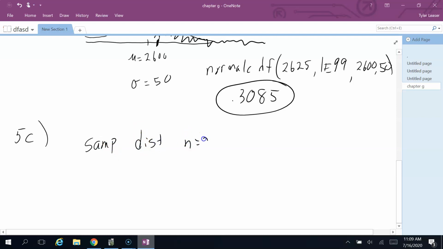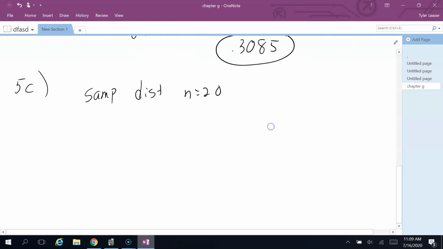I know that this is a normal sampling distribution because the population is normal. It doesn't matter what the sample size is. As long as the population is normal, the sampling distribution is normal. It's only when the population is skewed that we have to worry about this number being big enough. Okay, so it's normal, it's going to have a mean, and it's going to have a standard deviation.